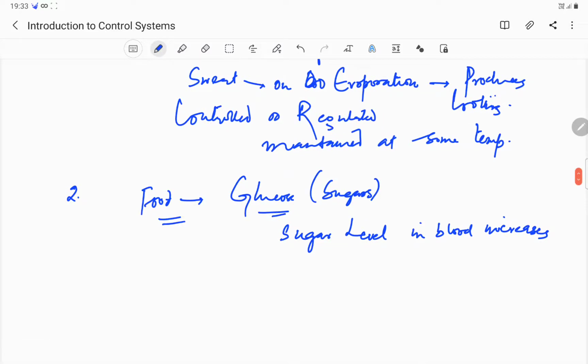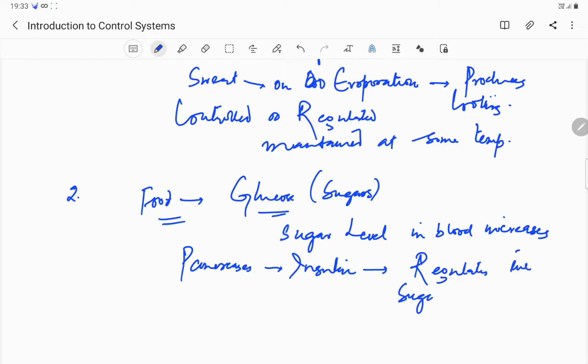So in response to this increased sugar level, the pancreas secretes insulin. This insulin regulates the sugar level in the blood. So this is a naturally occurring control system.